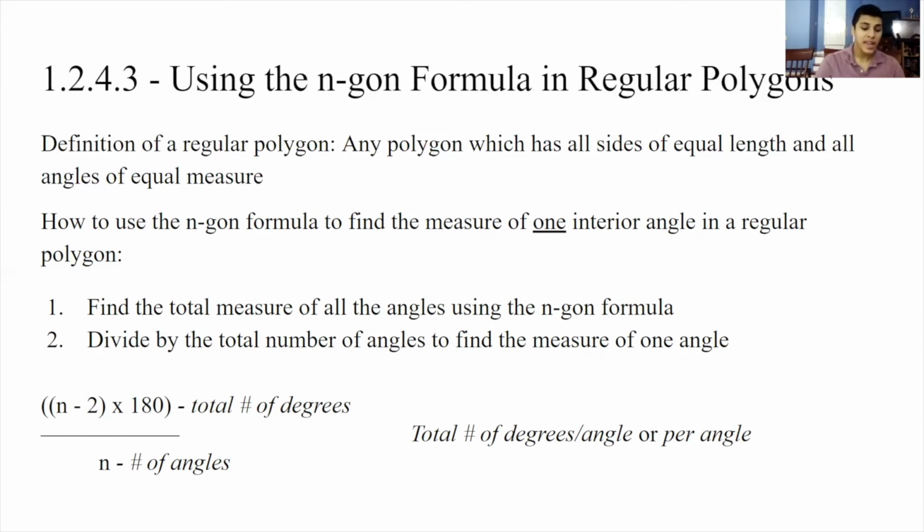Again, n is the total number of angles, and n minus 2 gives the total number of triangles in the shape. So the reason that this works is you have the total number of degrees, and you're dividing by the number of angles, so it becomes total number of degrees per angle.